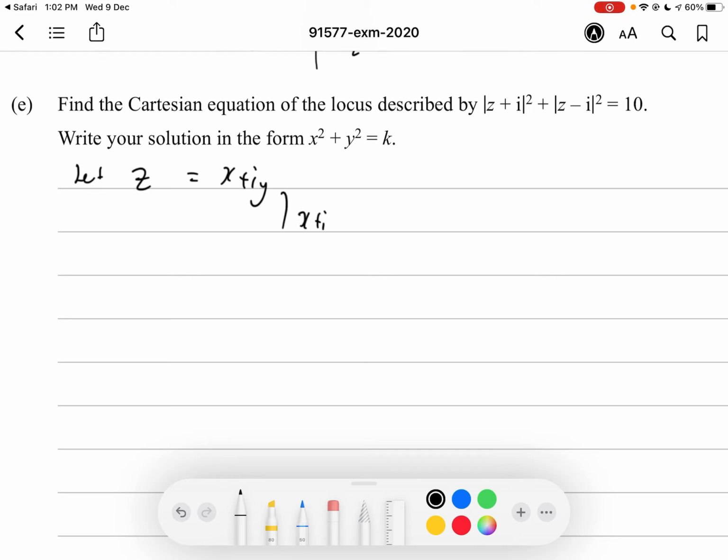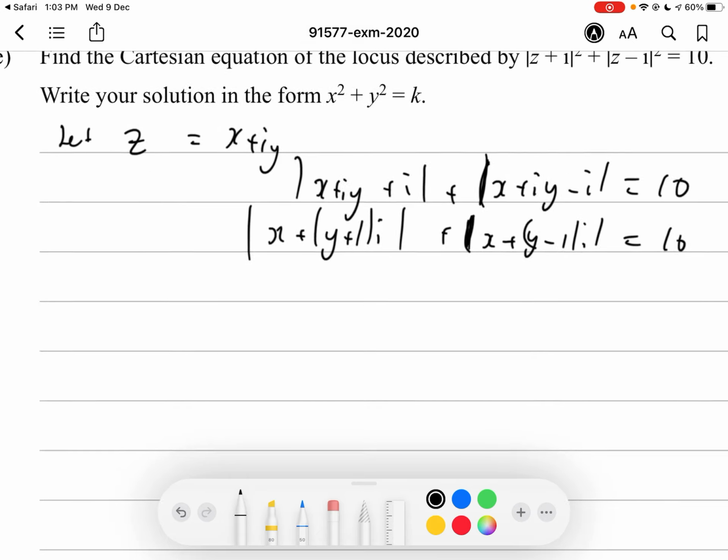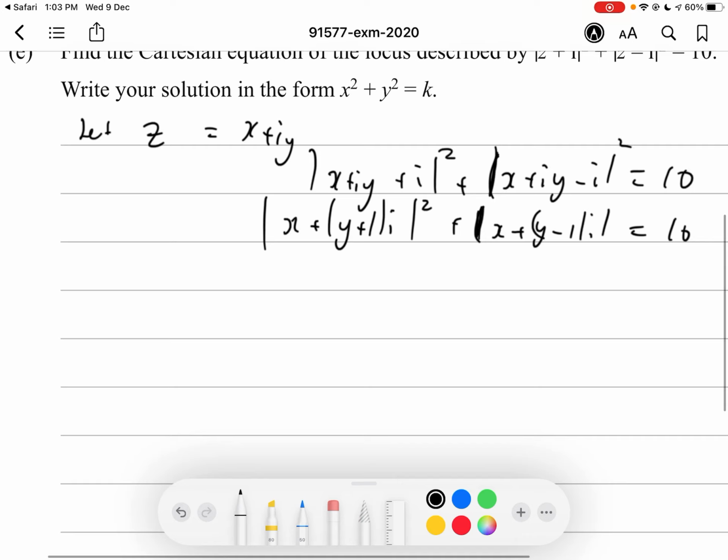So we're going to have x plus iy plus i, plus x plus iy minus i, that equals 10. If we group the like terms, we get x plus (y plus 1)i, plus x plus (y minus 1)i, and this is all squared, okay, apologize.